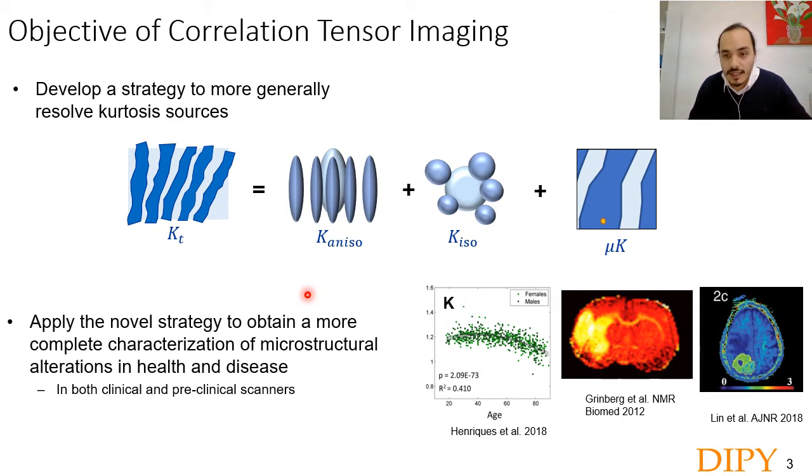After we develop the strategy, we also want to apply CTI and show its potential in providing a more complete characterization of microstructural alteration in both health and disease, for example in aging, stroke, or brain tumors.